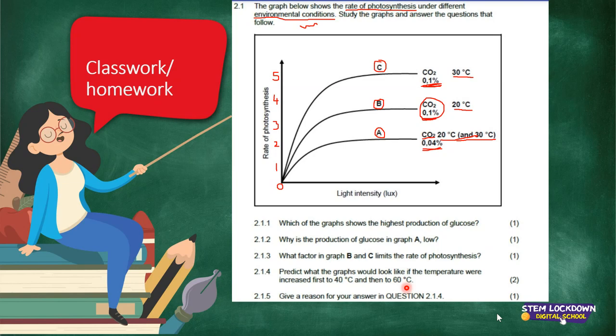For example, it does not mean that if the temperature of a plant is 20 degrees Celsius, photosynthesis will not take place. It will take place, but it's not the best temperature for it. Okay.